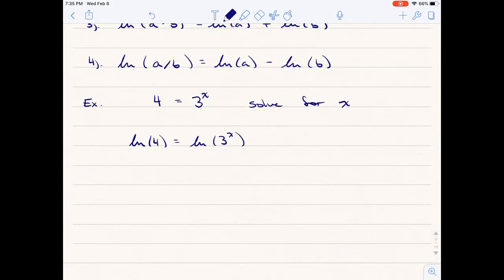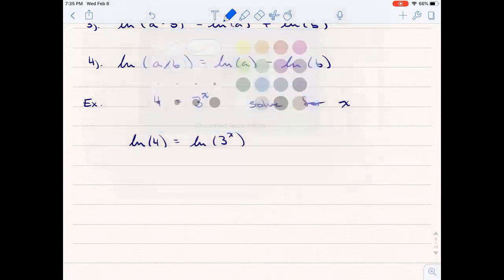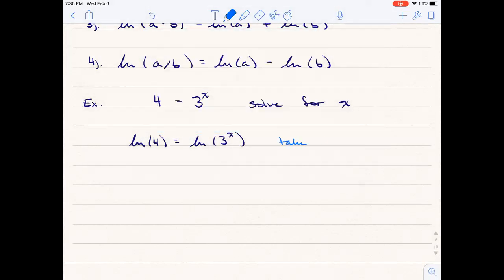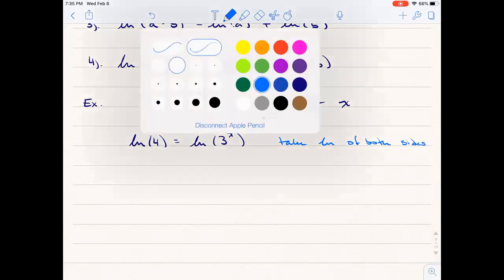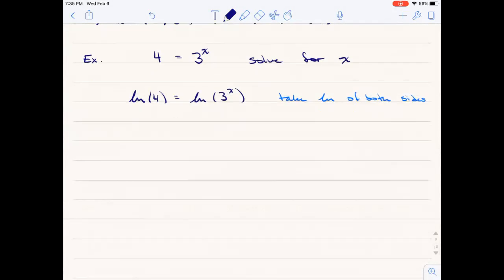Take log of both sides. And then we've got the log of 4. That's just the number, and I'll show you how to find it on your calculator. And then on the right-hand side, we can bring that x down in front.